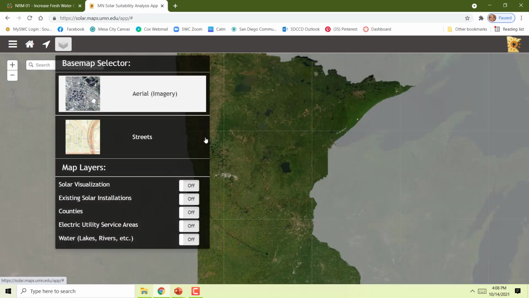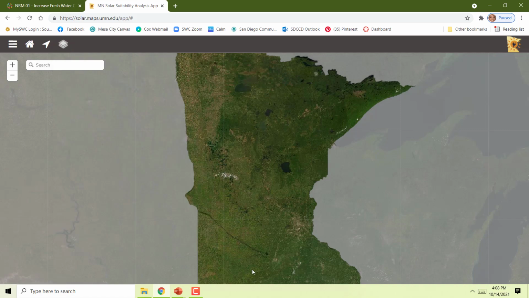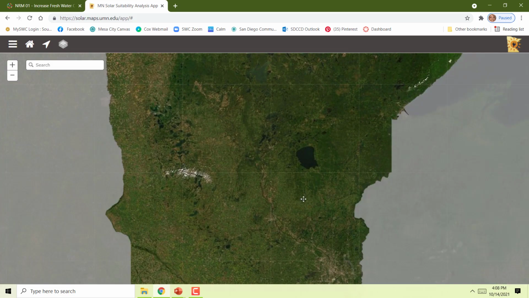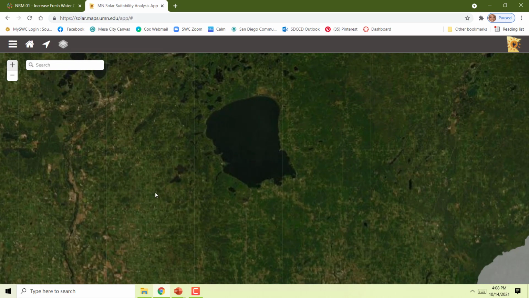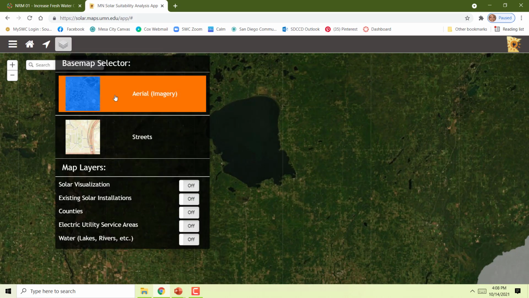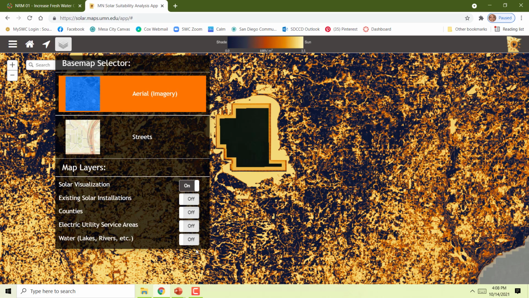I'm going to go to aerial imagery, and right now my solar visualization is off, and so this would be what Minnesota looks like from satellite imagery, and I'm going to focus in here on this water source that I'm seeing, and I'm going to go back to my legend, and I'm going to turn on my solar visualization, and I just want to see what this area would look like around this water source in terms of suitability for putting in solar energy panels.